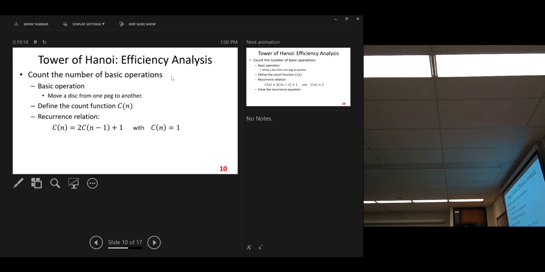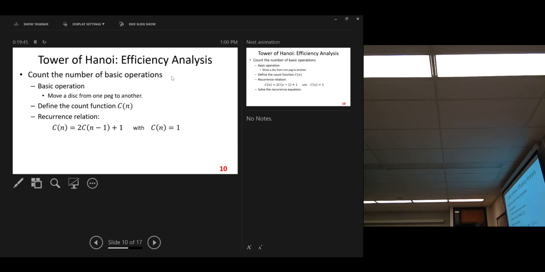We add it. So we get this recurrence relation, with C of 1 equal to 1 here, I should put 1. Base case: when n is reduced to 1, it's trivial, so we stop.